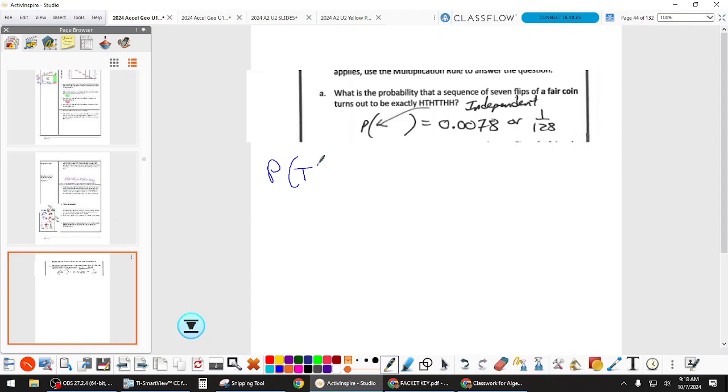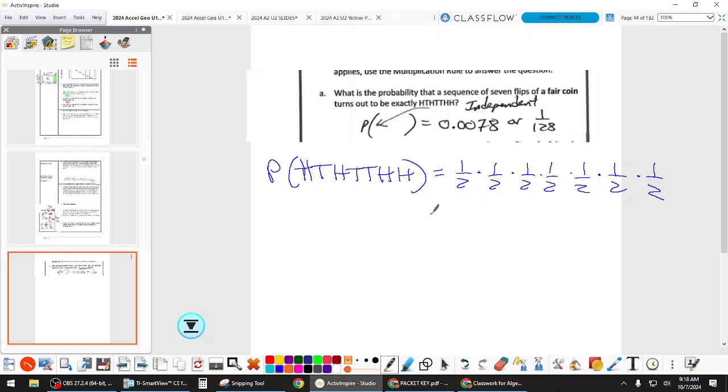So, H, T, H, T, T, H, H. If we wrote it out long, each one has a probability of 1 out of 2. Like that. But what is that the same as? 0.5 to the 7th, or 1/2 to the 7th power, right?